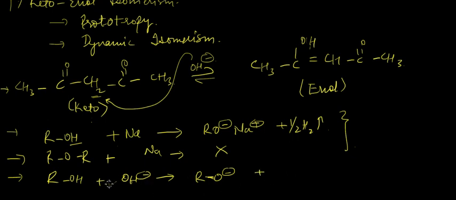Presently it is not there, so RO minus will be formed with the H2O. Why? Because alcohol is a better acid than water. Similarly, for this reaction to happen in the forward direction, we have to give certain conditions, like high temperature, pressure or something like that. We'll be seeing that in a short while for this keto to convert into enol form.